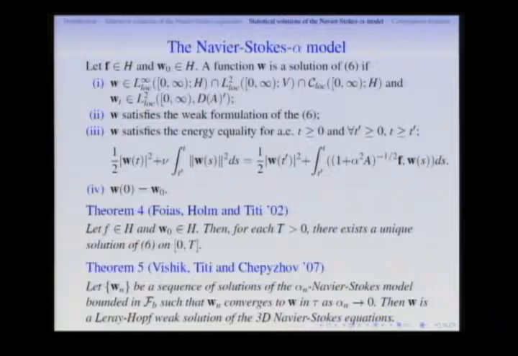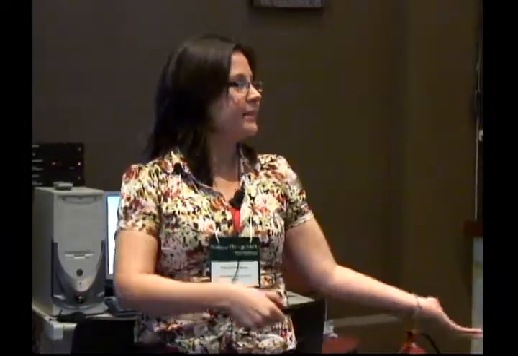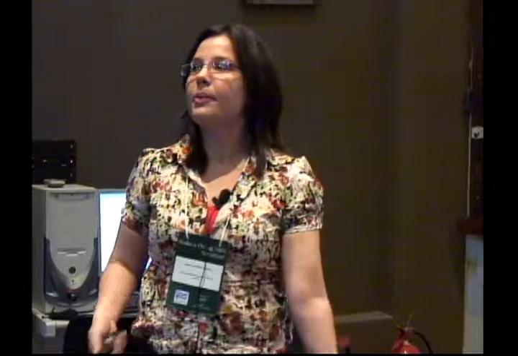So there is the result of well-posedness for this equation, and also the convergence of the solutions of the Navier-Stokes alpha model to a Leray-Hopf weak solution of the 3D Navier-Stokes equations. And as you can expect, this is going to play an important role in the proof of our result.